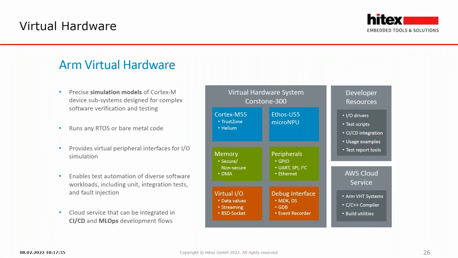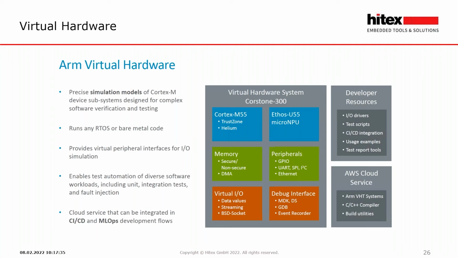So the first one is based on the Cortex-M55, with their Micro neural processing unit for machine learning applications. So this gives us what they call their Cornerstone simulation model of the processor and its surrounding IP.